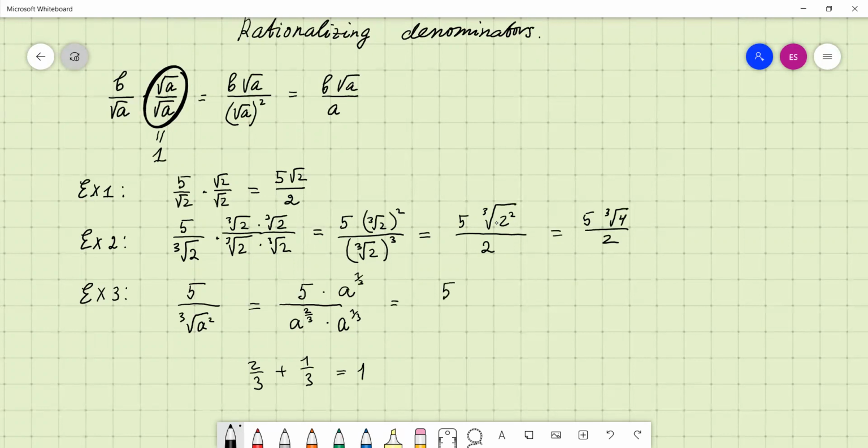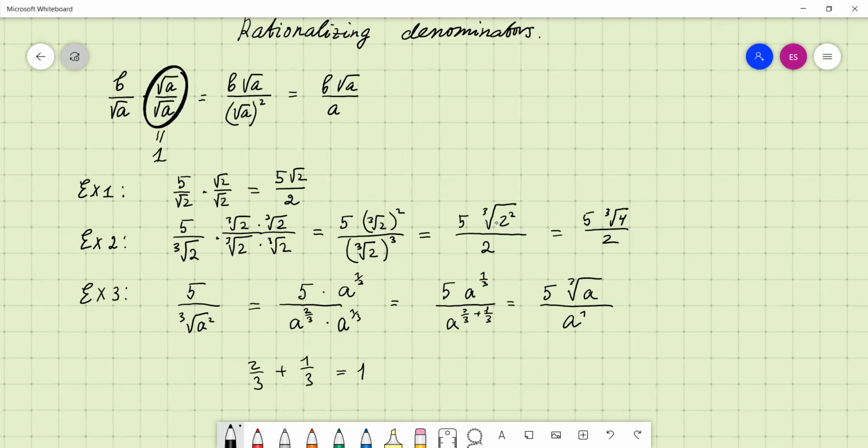In the numerator, I have 5a to the power of 1 over 3, which is the cubic root of a. In the denominator, by adding the powers, 2 over 3 plus 1 over 3, I'm going to have just a to the first power. You can write down just a. So we rationalized it. Usually, guys, that's the best way to rationalize an expression.